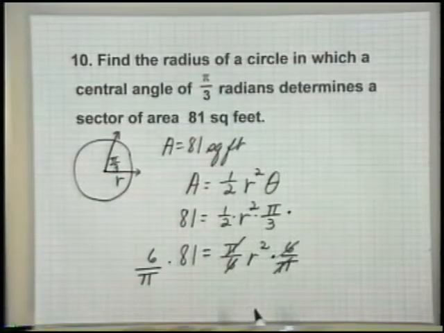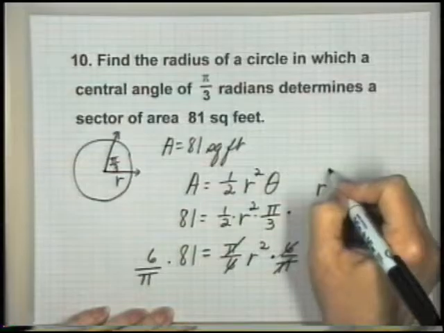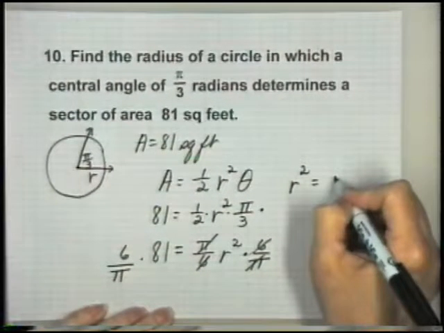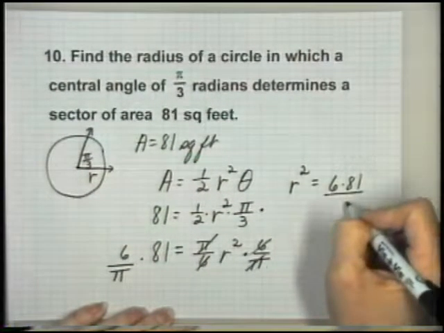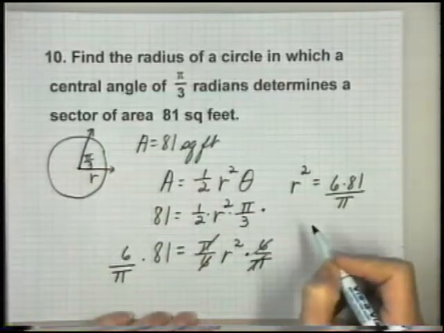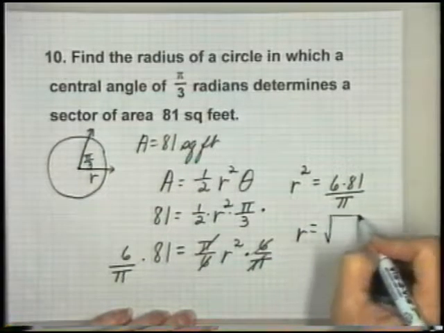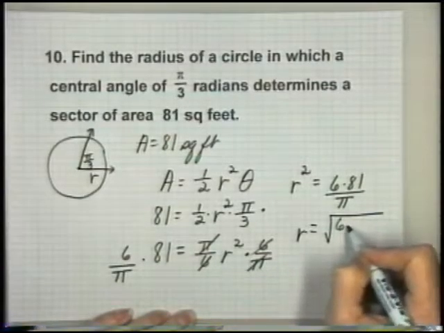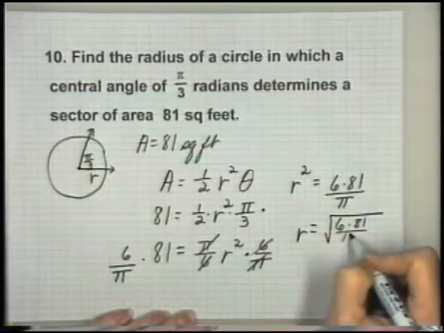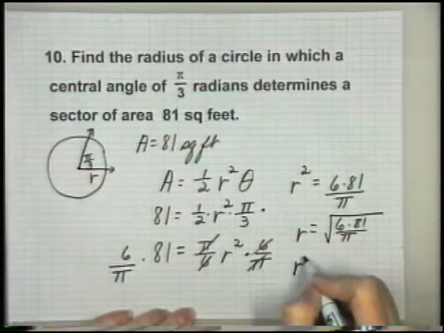Those divide out, and I get that R squared equals 6 times 81 over pi. So if we extract roots, R equals the square root of 6 times 81 over pi.